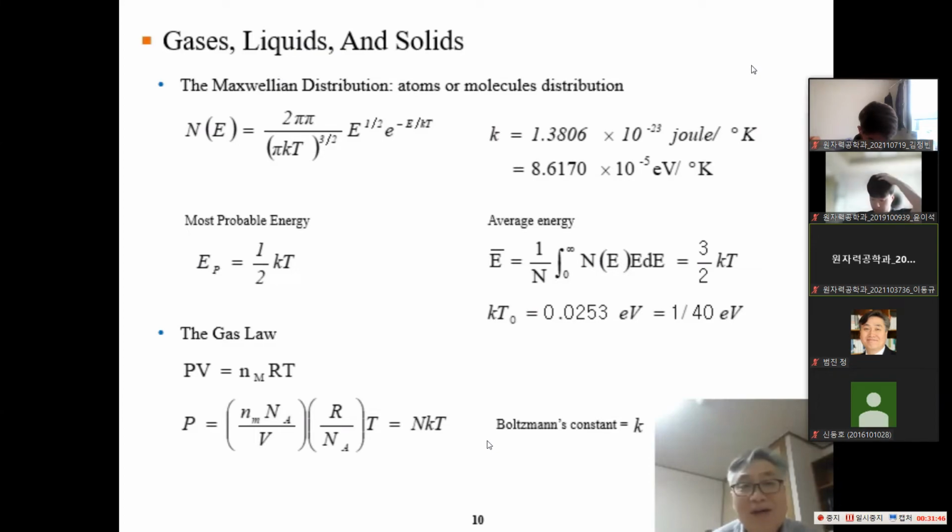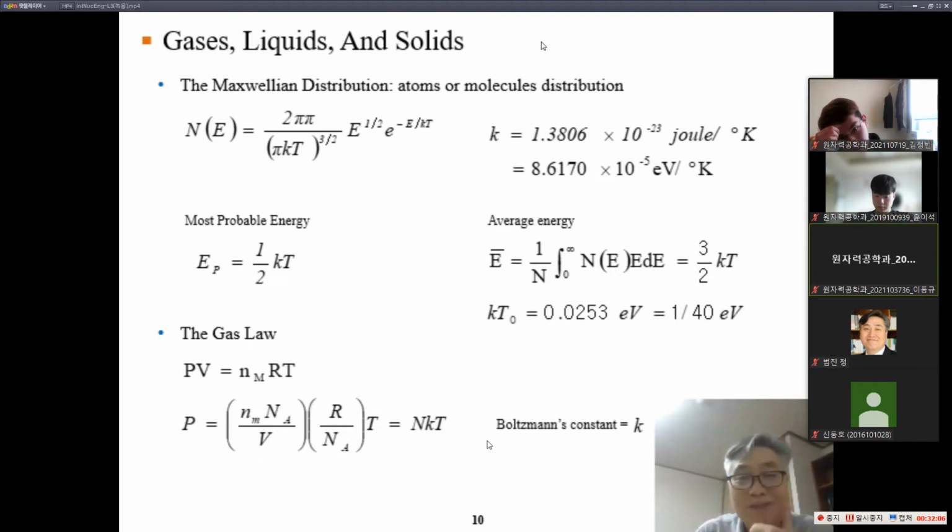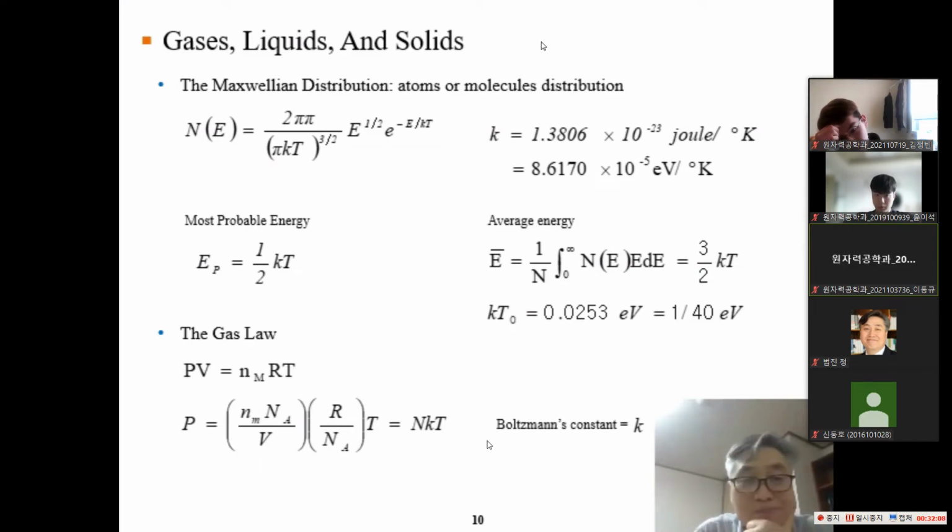Now, in gas dynamics, the Maxwellian distribution is quite well applied to the number density. We don't know why, but it just applies well. That's why we use this one. So let's look at this.